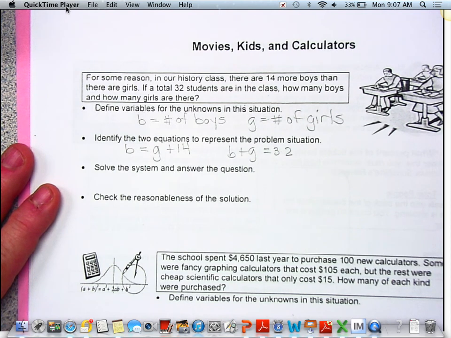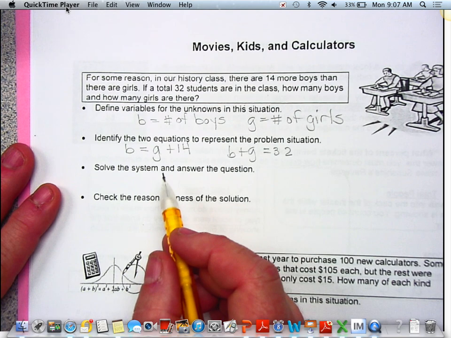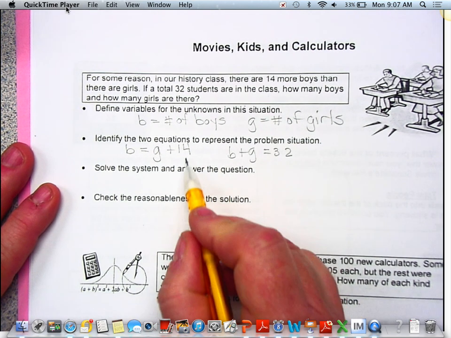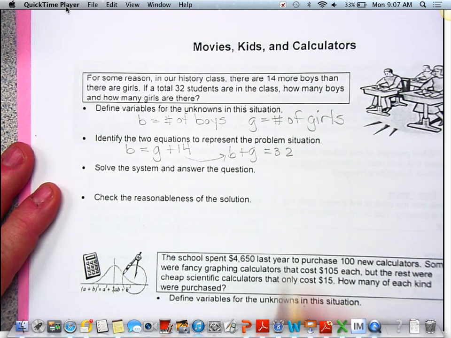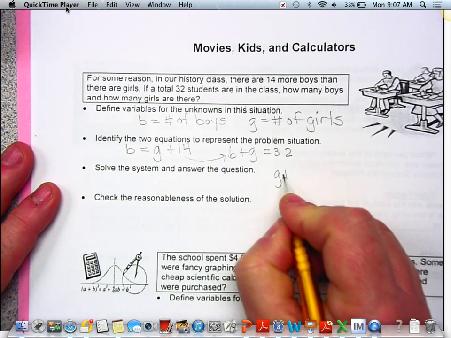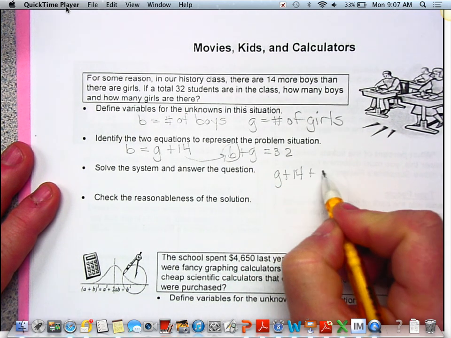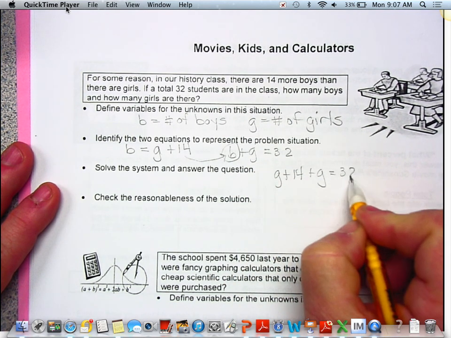Okay, and what would be a good way to solve this system? Substitution, because we have 1 by itself. So we're going to substitute G plus 14 in for that B. So we'll have G plus 14, that's going in place of the B here, plus G equals 32.